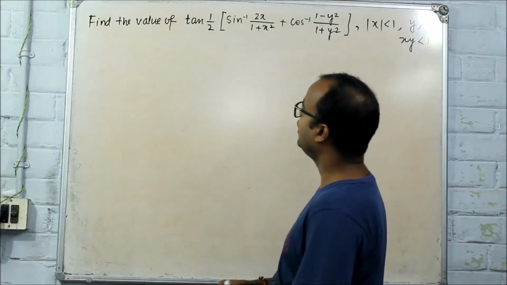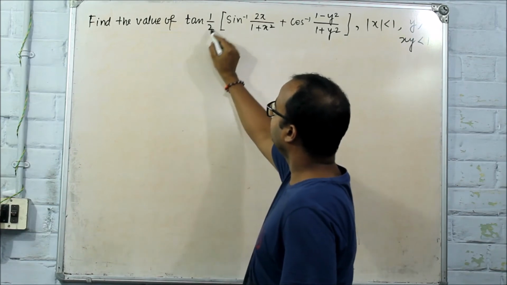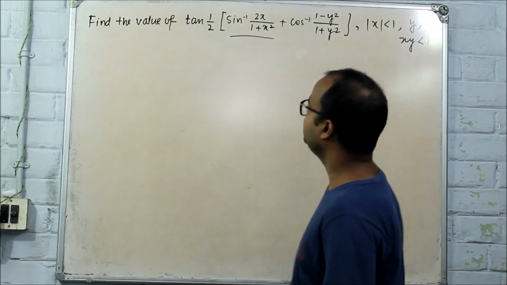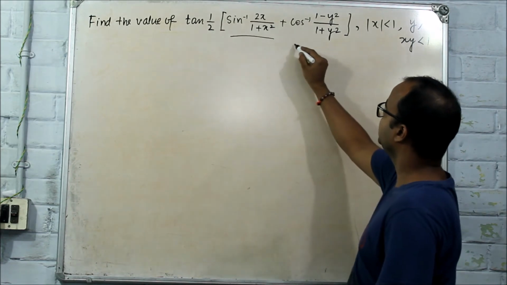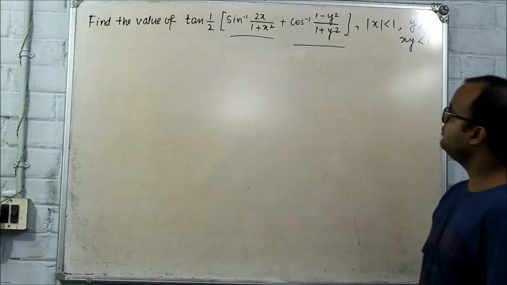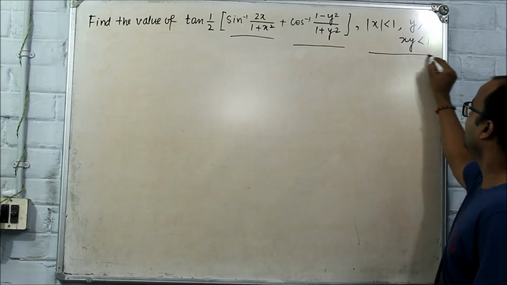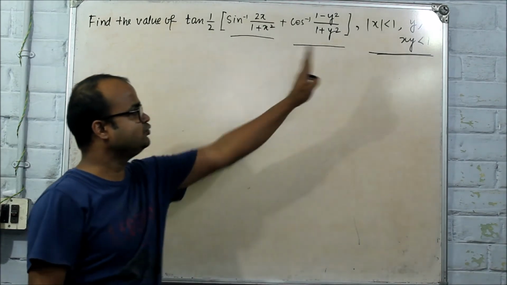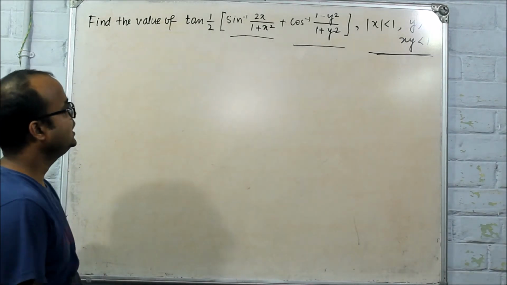Find the value of tan of 1 by 2 sin inverse 2x by 1 plus x square plus cos inverse of 1 minus y square by 1 plus y square. These are all conditions to define the function, so no need to worry about those conditions.